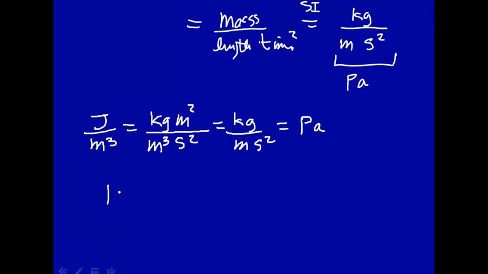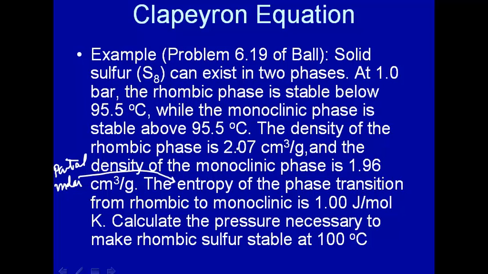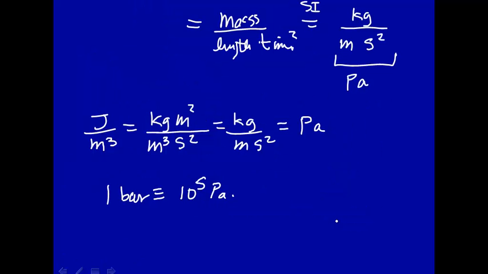All right, one further thing is that 1 bar is not the SI unit of pressure. The SI unit of pressure is Pascal. 1 bar is defined as 10 to the fifth Pascal. Why are we doing this? Well, we started at 1 bar, and we want to know what the pressure will be in bar when you go to 100 degrees.